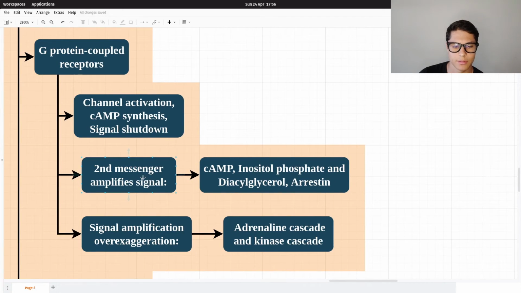Other second messengers are inositol phosphate and diacylglycerol, and also arrestin. Arrestin is very interesting because it does the contrary thing, which is signal shutdown.